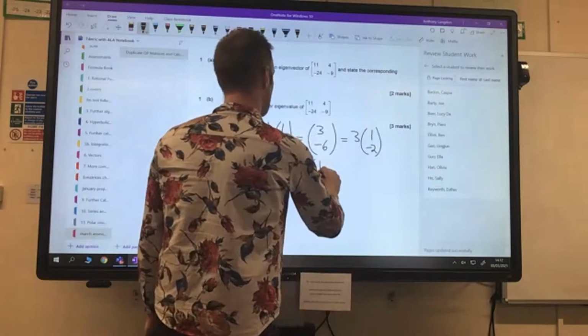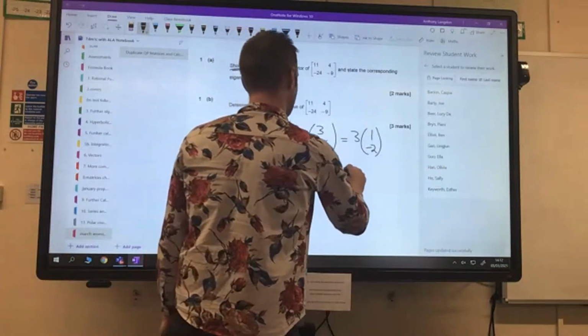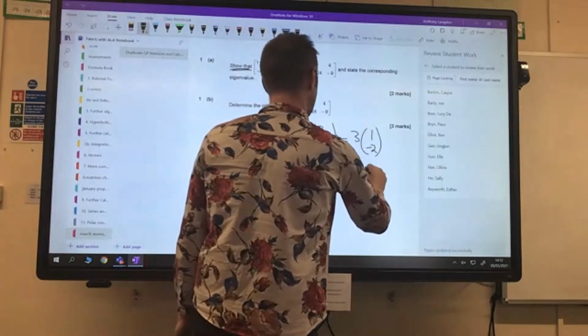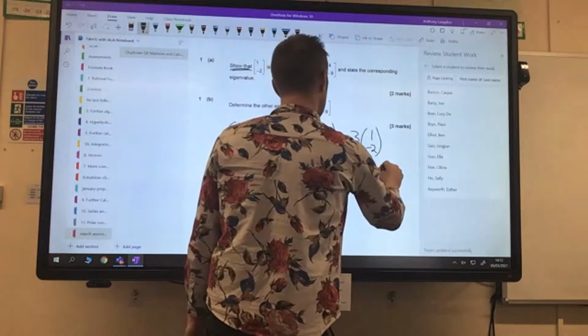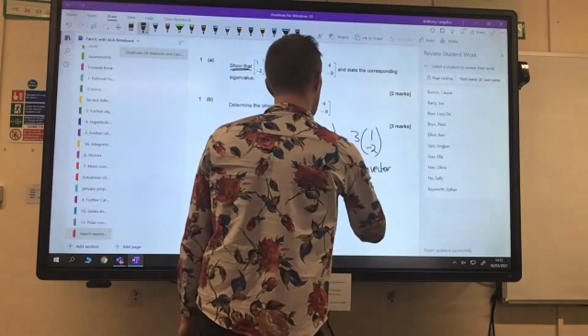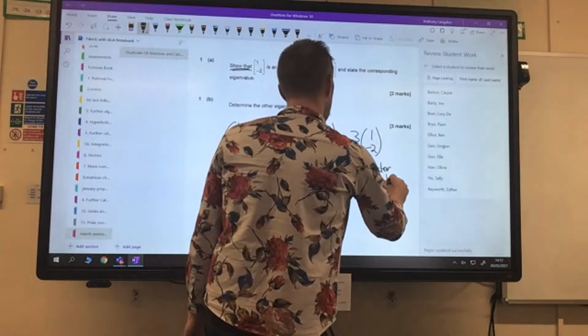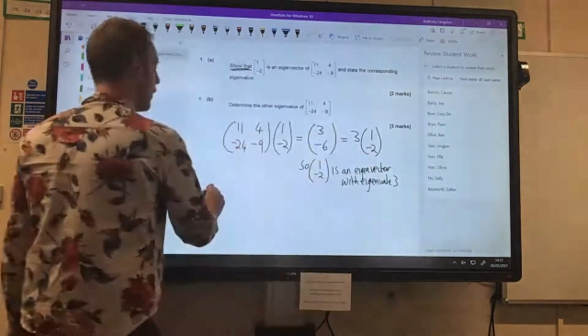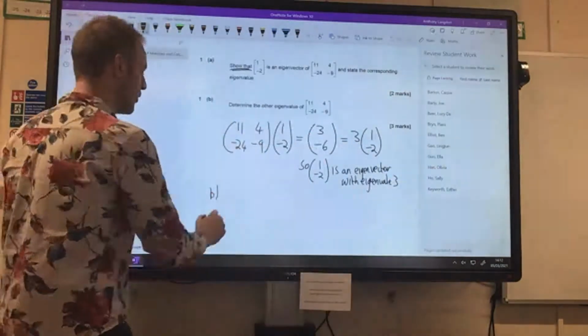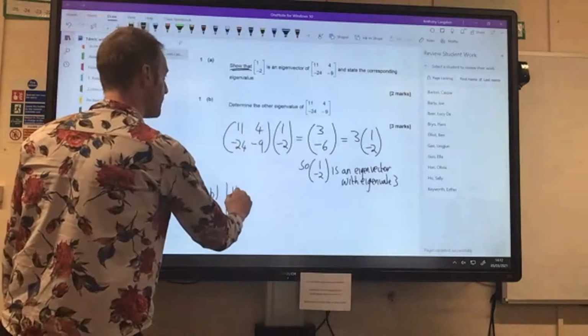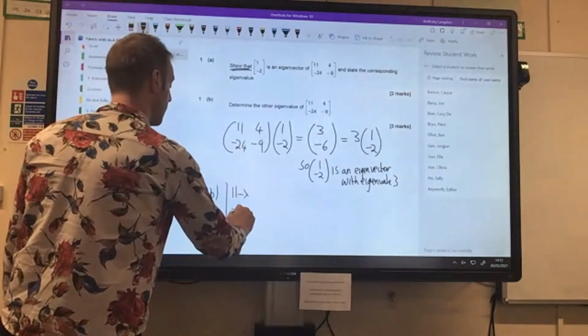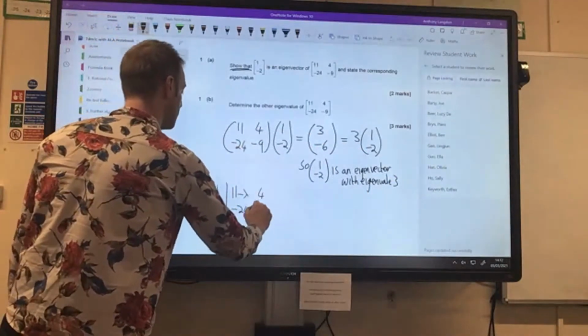So 1, minus 2 is an eigenvector with eigenvalue 3.